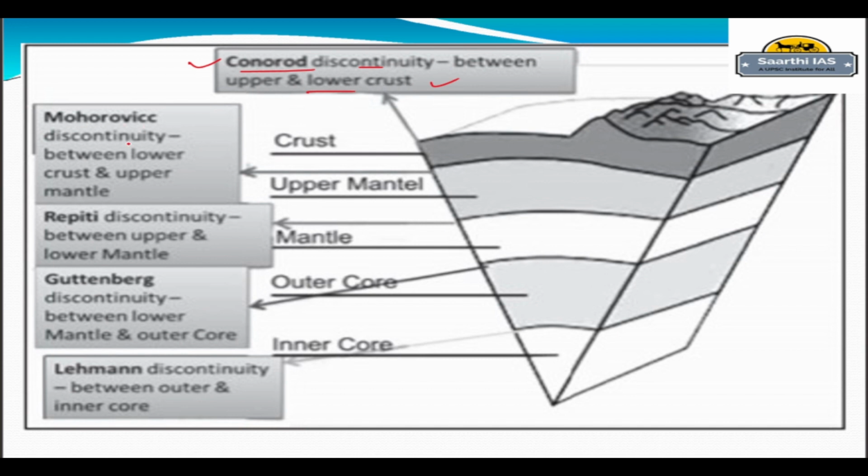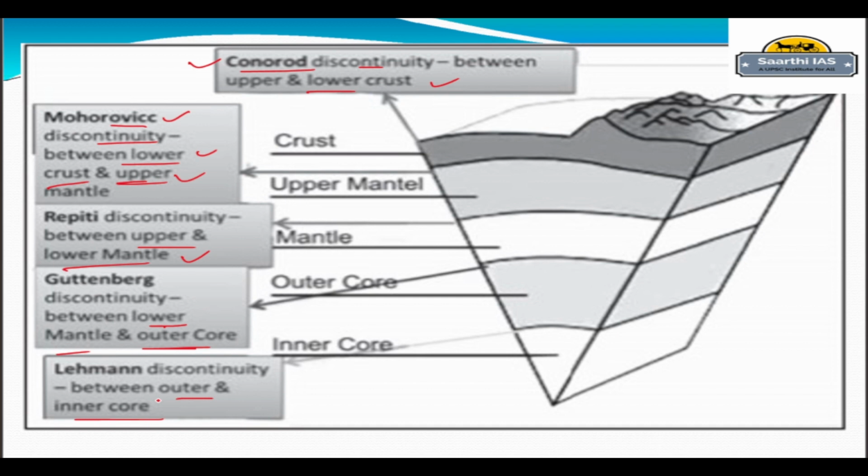Next is the Mohorovičić discontinuity. This kind of discontinuity is formed between the lower crust and the upper mantle. That is the Mohorovičić discontinuity. Repetti discontinuity, we find this kind of discontinuity between the upper and the lower mantle. Gutenberg discontinuity, we find between the lower mantle and the outer core. Lehmann discontinuity between the outer and the inner core.